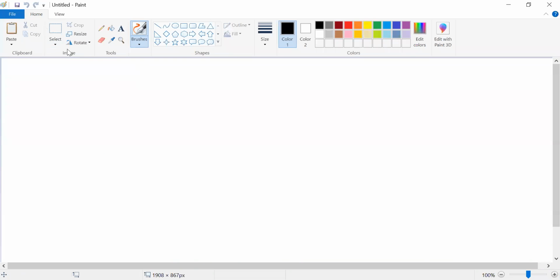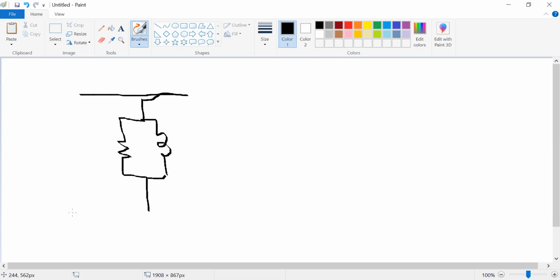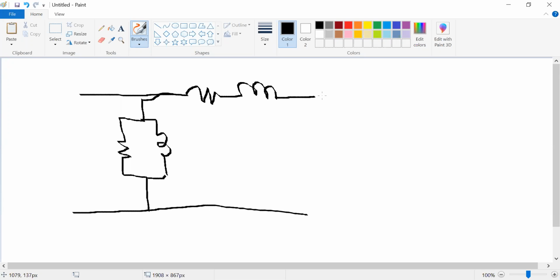Suppose we have the equivalent circuit of our transformer. So I will draw the equivalent circuit here, with the shunt branch. The total resistance of the transformer and total reactance of the transformer.